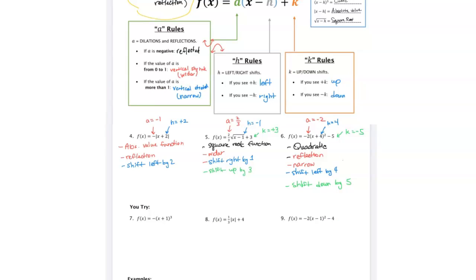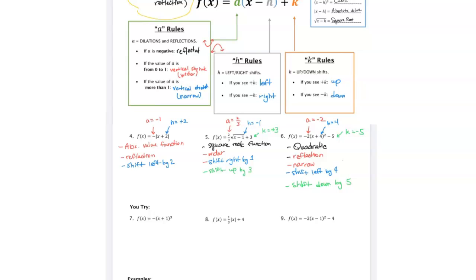So at this point, hopefully you're able to use each of the rules in order to figure out whether or not you have shifts left, right, up, down, if you have a reflection, if it's wider or narrower, as well as you're able to figure out which function family each of these equations belong to.